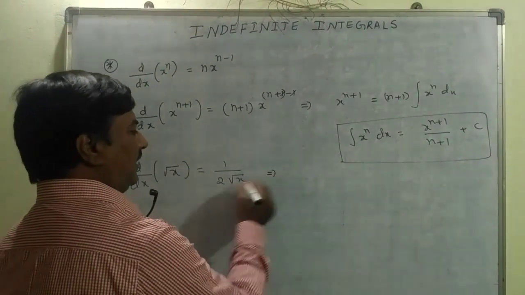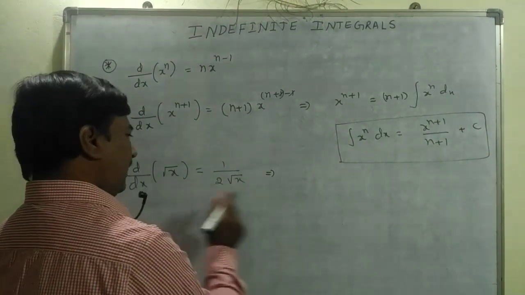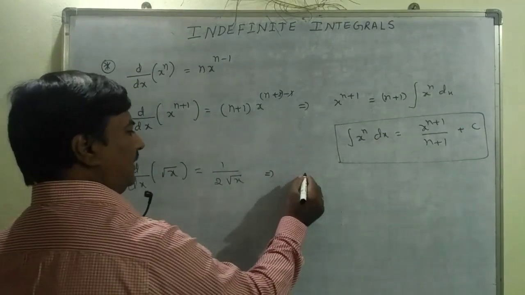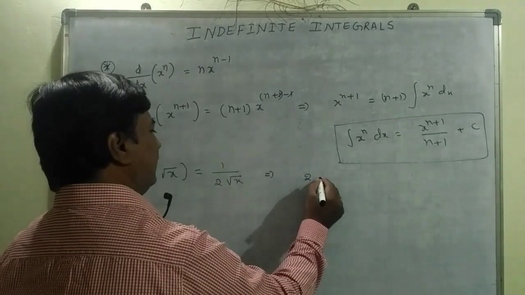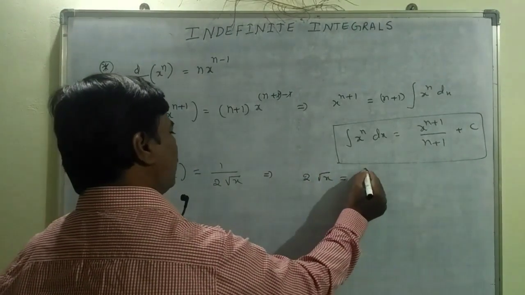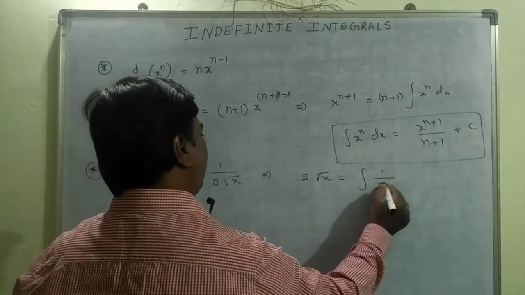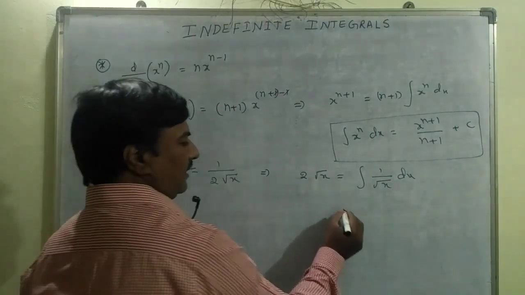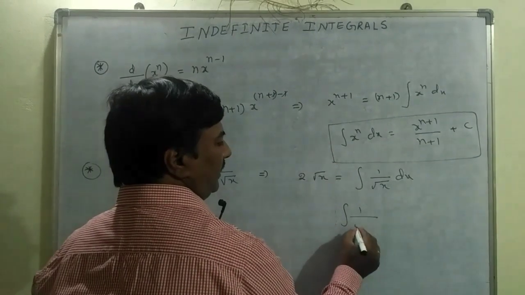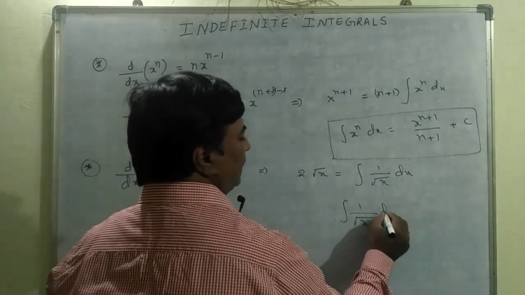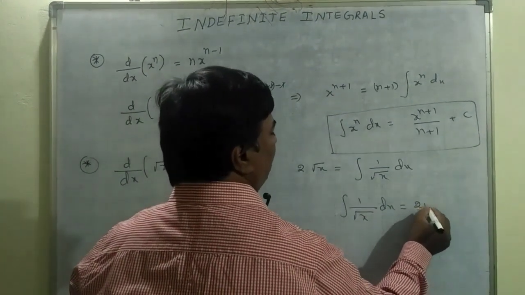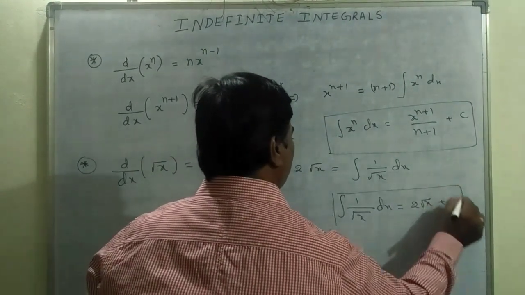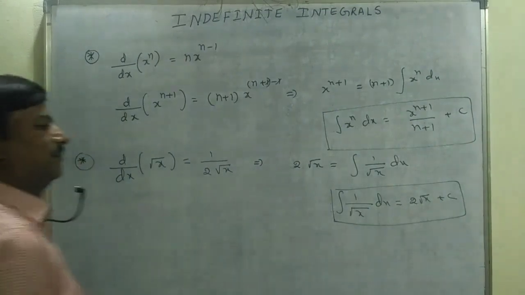That means we send the 2 to the left side, and the derivative to the right side becomes integration. We get 2 into root x is equal to the integration of 1 by root x dx. That is, we can write the integration formula: integral of 1 by root of x dx is equal to 2 root of x plus c. This is another formula, the second formula.